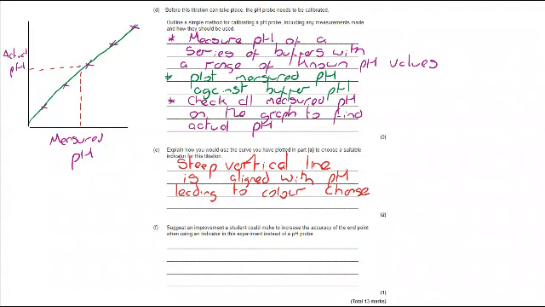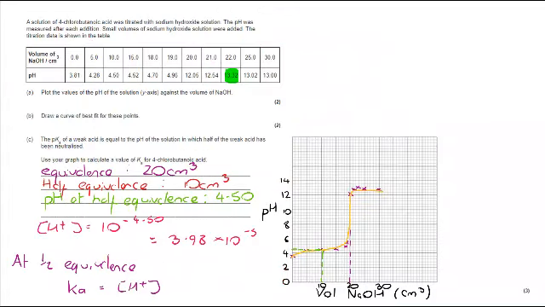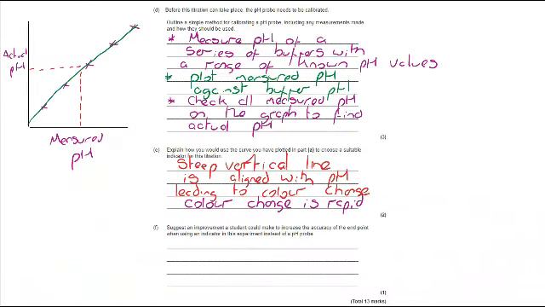And if I go back to the graph that we're talking about here, we can see a very steep vertical line. You would look at your indicator, and if there was an indicator, for example, where the pH range was 8 to 10, that would work because we can see the steep vertical line aligns with it. But if the pH curve was 6 to 4, it's not going to work because there would be a gradual change in pH over that period of time. We need the colour change to be rapid.